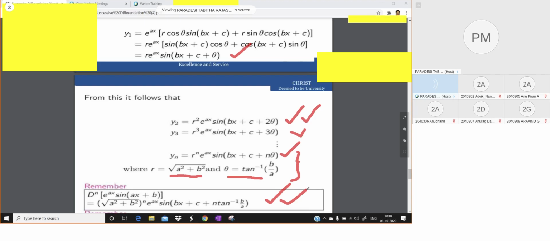Those you have to eliminate in your final answer. Is it right? Y1, y2, y3, and yn. And in yn, we are eliminating our r and theta and putting back the values of r and theta. So this is the expression we got.